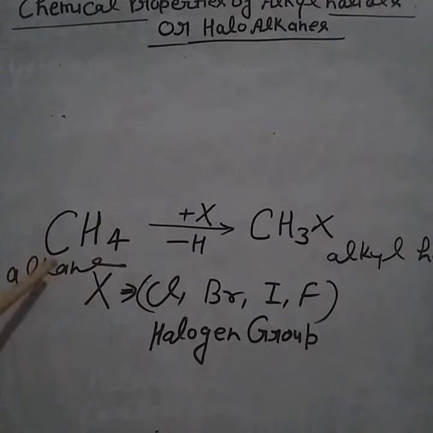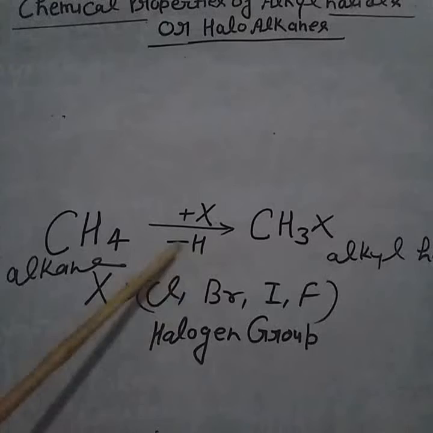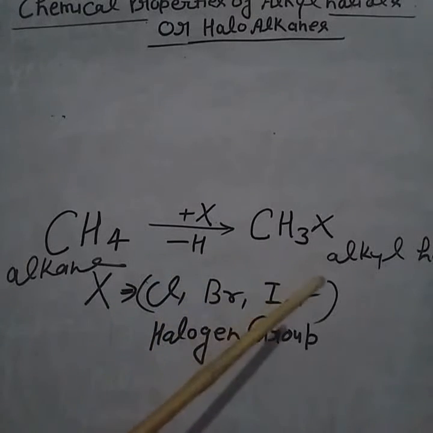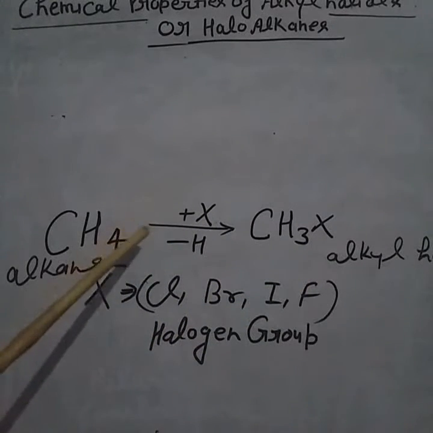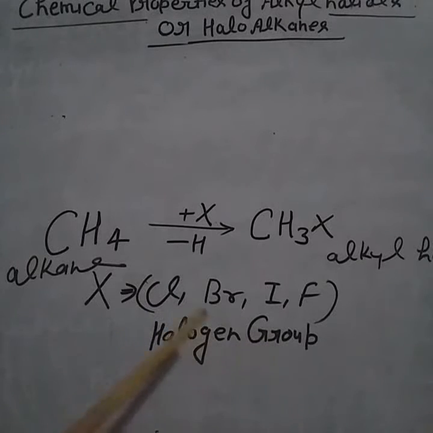These are the alkanes in which H is replaced by halogen groups. Here X is the halogen: chlorine, bromine, iodine or fluorine. Then an alkyl halide is formed.